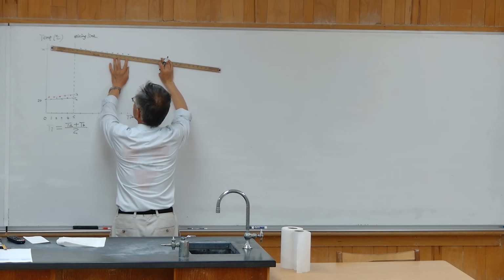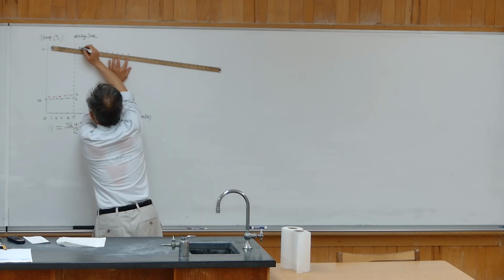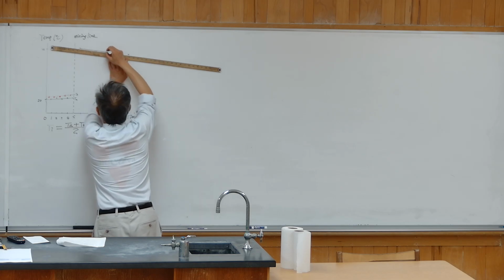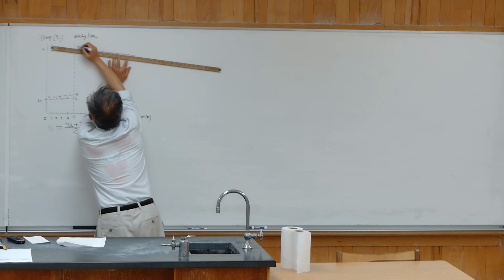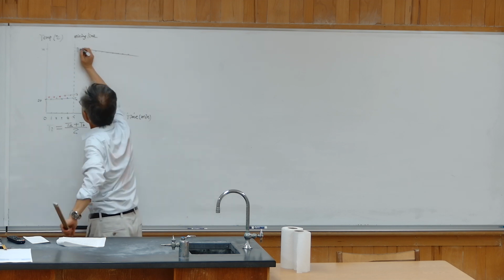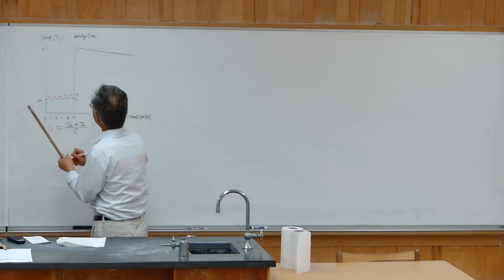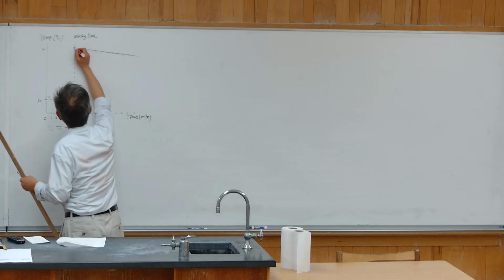There is some point above the line, some point below the line, most point on the line. So extend it to this mixing line. Extend it to this mixing line.